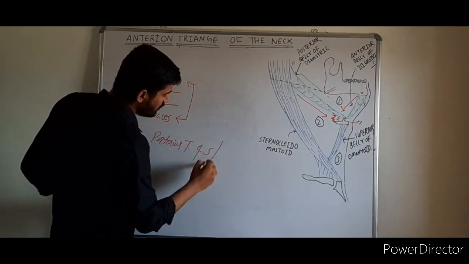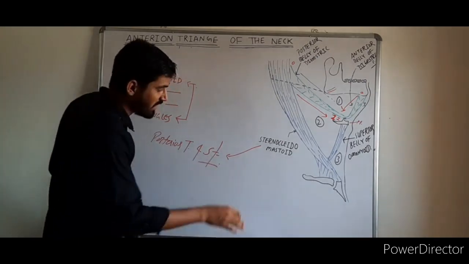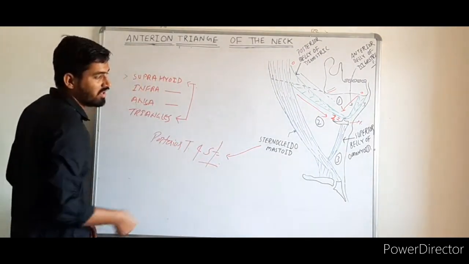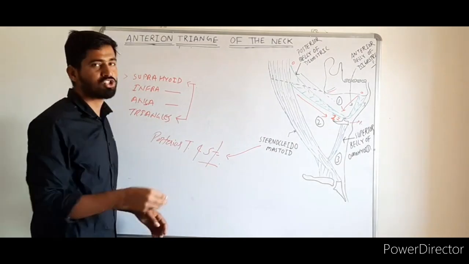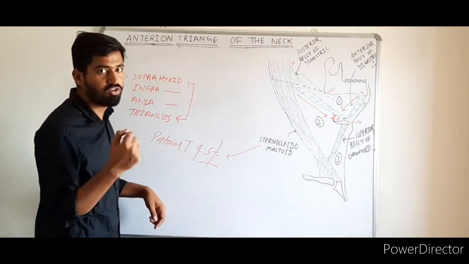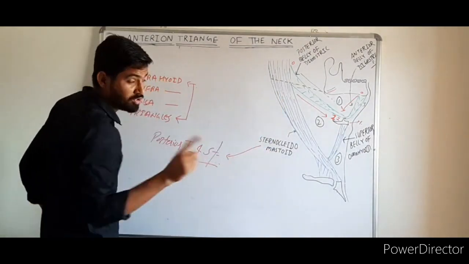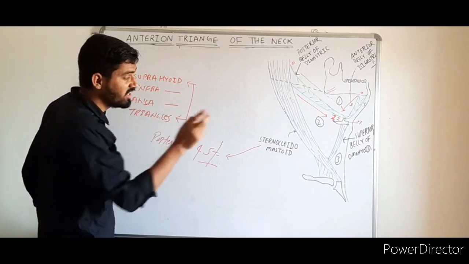and sternocleidomastoid muscles. Why? Because now we are writing sternocleidomastoid easily here. When it comes in short notes, what will you write? We have to write the origin, insertion, nerve supply, and the relations of the sternocleidomastoid muscle.